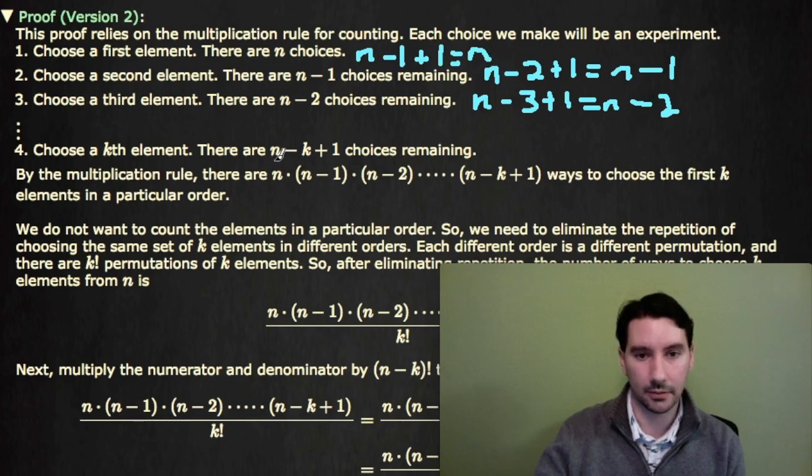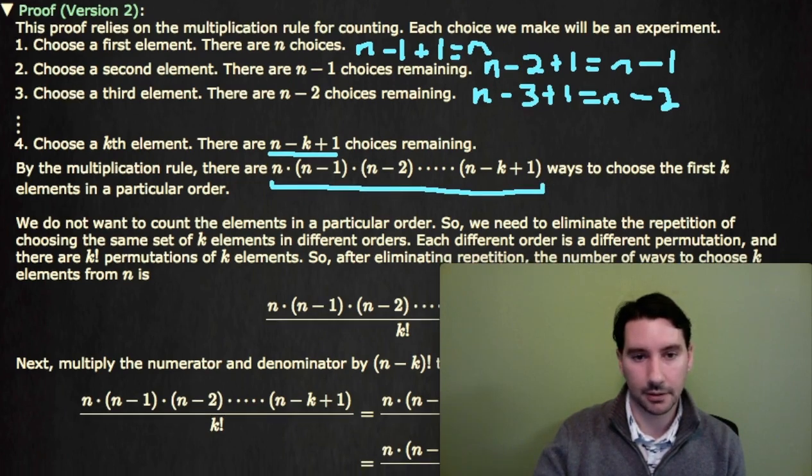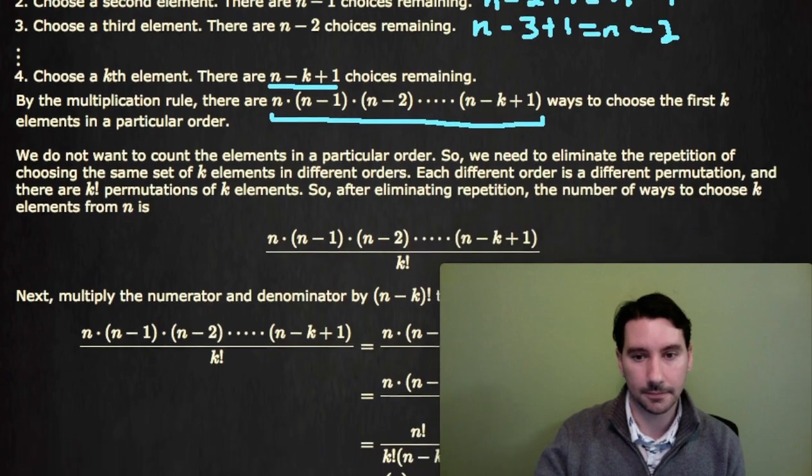So when we get down to the kth choice, there's n minus k plus 1 choices remaining. By the multiplication rule, that means there are n times n minus 1 times n minus 2 down to n minus k plus 1 choices, if we choose the k elements in a particular order.